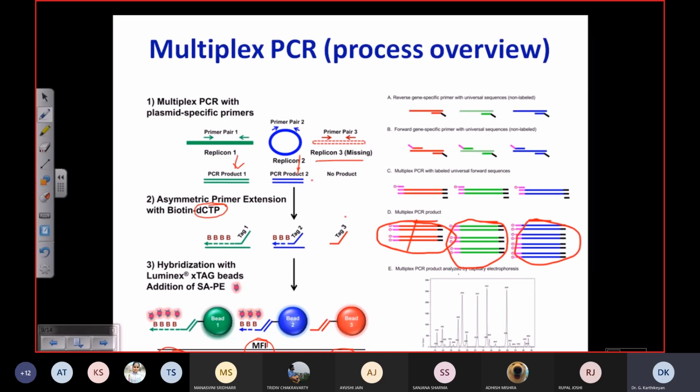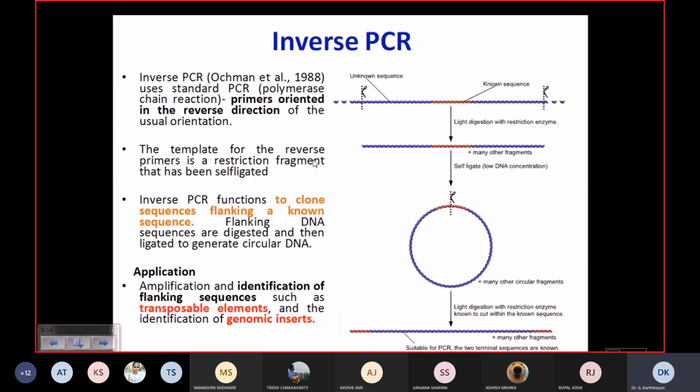So if we get the graph using capillary electrophoresis, you get the maximum result for this third type of amplicon, and a lower, smaller result for this type of amplicon, and so on. Okay, so you can utilize multiplex PCR. The advantage is that we can amplify different desired segments of DNA at the same time in a single reaction.